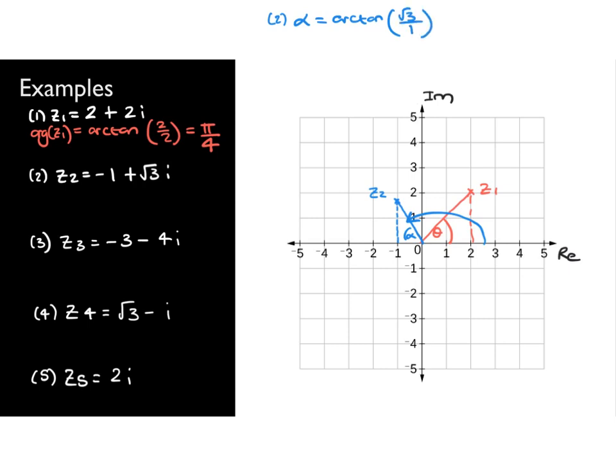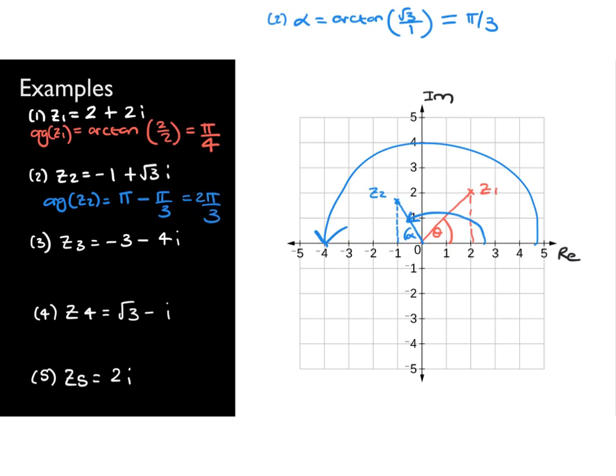I'm going to completely ignore negative signs here because that's going to cause me confusion. I'm going to end up with the wrong sort of angle. So arctan of root 3 over 1 gives me a value of pi by 3. So the argument of z2 is equal to pi, which of course would be the whole angle all the way up to here, subtract pi by 3, which gives us 2 pi by 3.